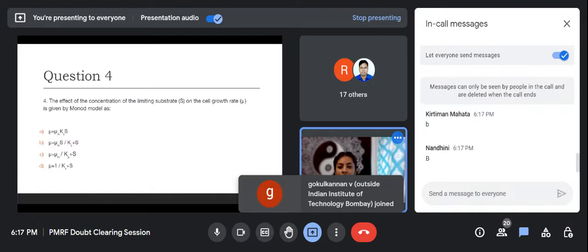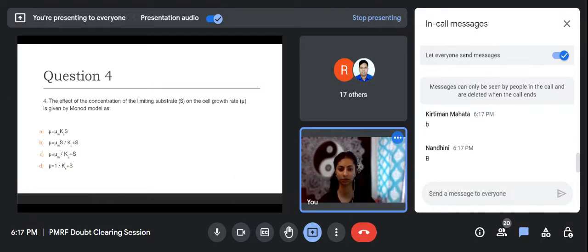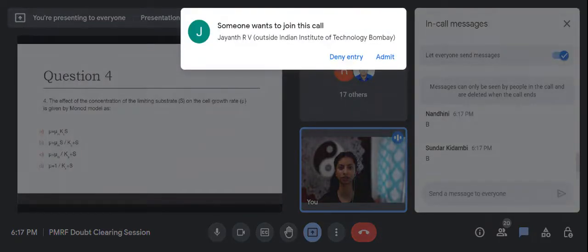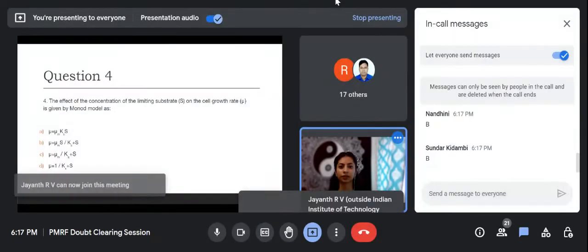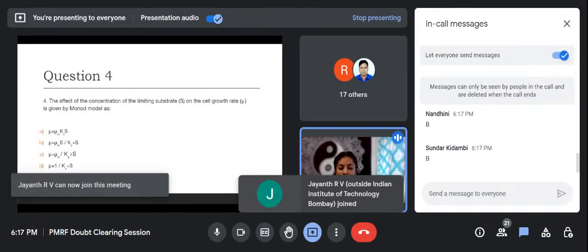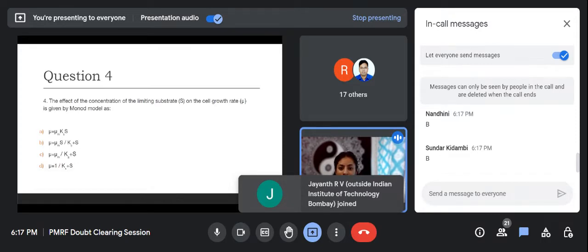When this substrate runs out, the growth also runs down. If there are two substrates giving rise to one product, the limiting substrate is the one whose lack will cause stopping or slowing down of the reaction itself.